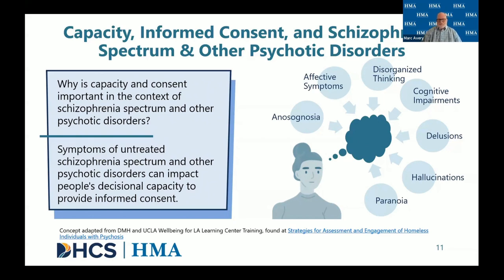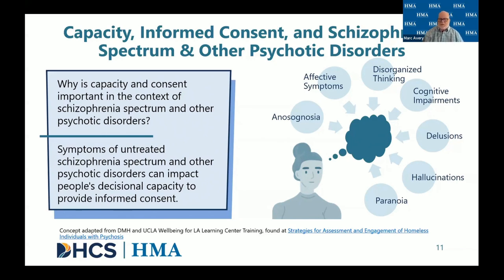Other aspects of schizophrenia spectrum conditions can play a role as well. So there are these symptoms referred to as the negative symptoms of schizophrenia, such as demoralization, lack of motivation, decreased feelings and emotion. These might lead to a sense of passivity or an apparent lack of interest in making decisions.